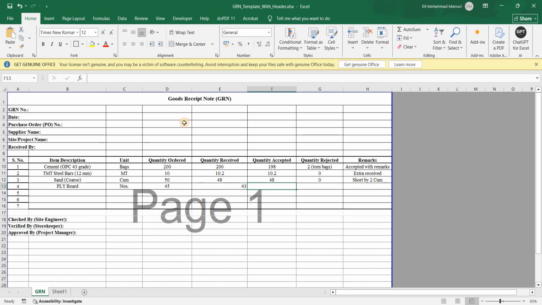So you can write 43 accepted, because we received only 43. We did not reject any. So similarly, we were supposed to receive 45, but we got only 43, so a shortfall of two numbers.